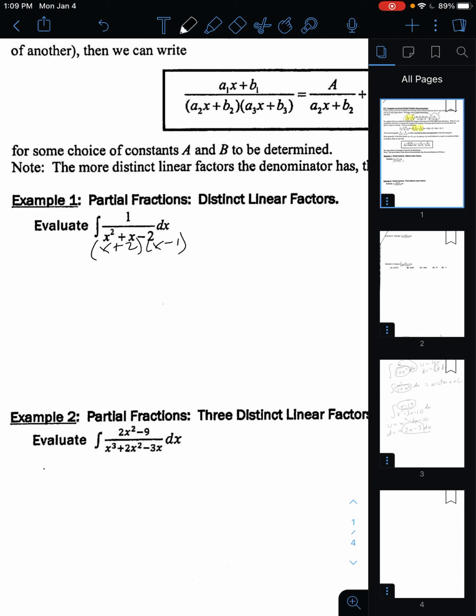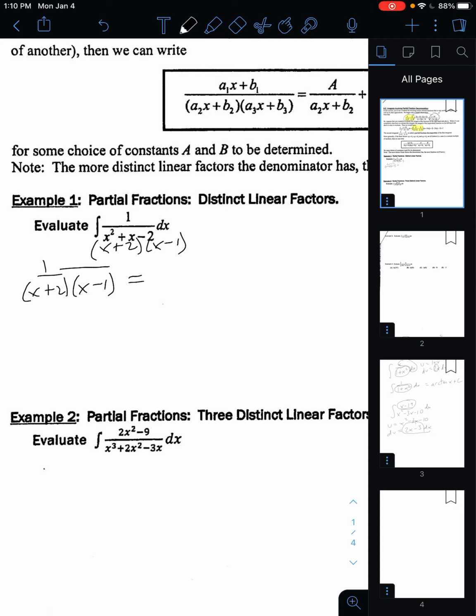Now here's our process. Here's our strategy, okay? This is our setup. So I'm going to rewrite that fraction. Forget about the integral sign right now. 1 over x plus 2, x minus 1, equals, and I'm going to set up this way.